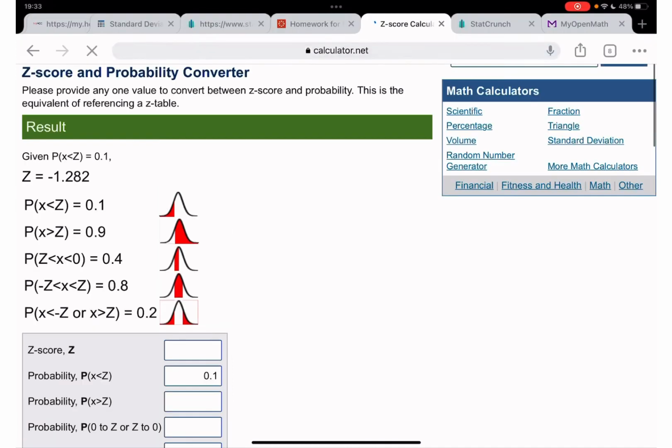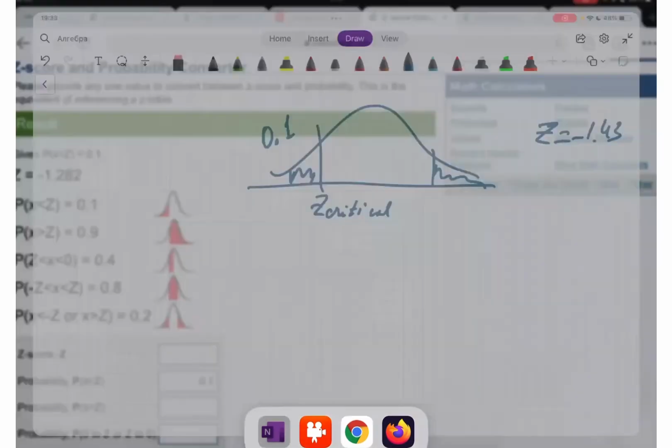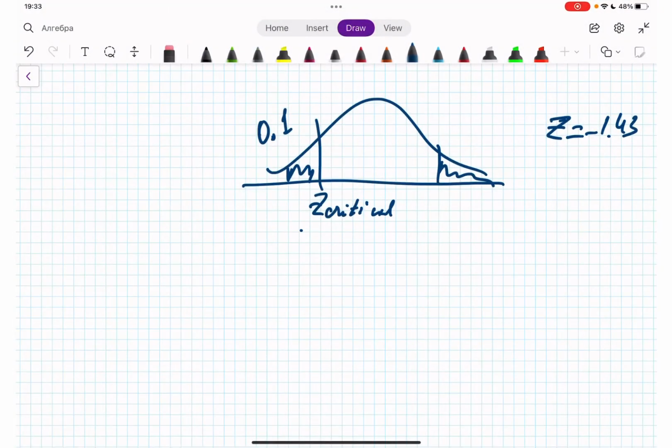Let me click calculate. Okay, and we get Z equal to negative 1.282. This is our Z critical, negative 1.282.